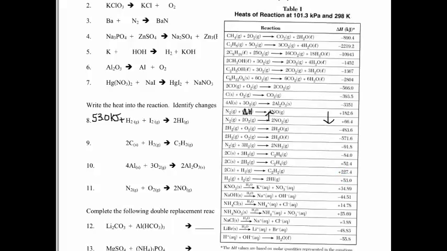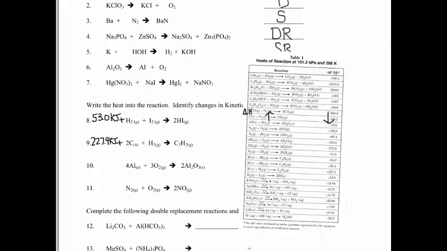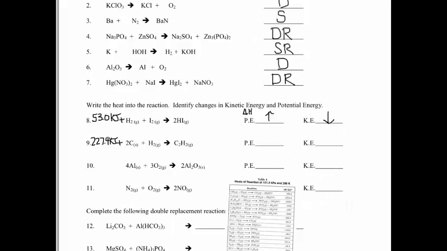So once again, that's going to be a reactant, 227.4. So we're going to put that on the reactant side. And then once again, whatever happens to delta H, that's what's happening to potential energy. So that went up. So kinetic must go down.